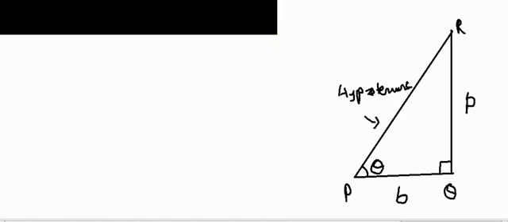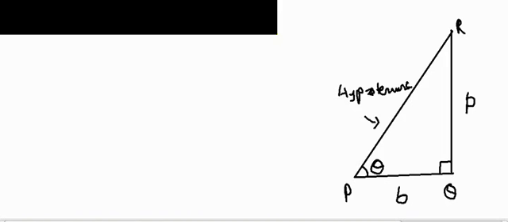Now what are trigonometric ratios? Ratios we get when we compare any 2 sides with respect to a given angle under consideration. So first, we have this theta, opposite to it we have this perpendicular, here we have the base, and this is the hypotenuse.